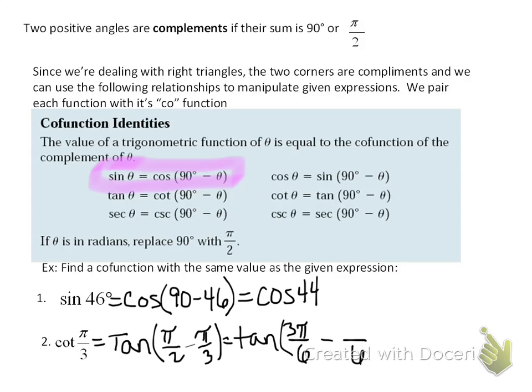And pi over 3 is equal to 2 pi over 6. So 3 pi over 6 minus 2 pi over 6 is just the tangent of pi over 6. So the cotangent of pi over 3 and the tangent of pi over 6 are going to give you the same values.